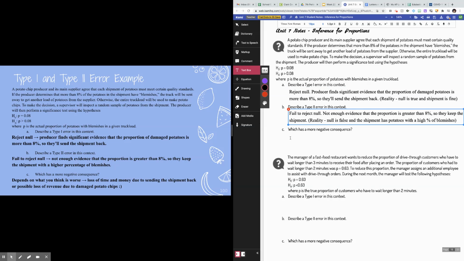So then the question becomes, which is worse? Is it worse in this scenario to make a type 1 error, or is it worse to make a type 2 error? I'm going to argue that it depends on which of these you think is worse as a company.